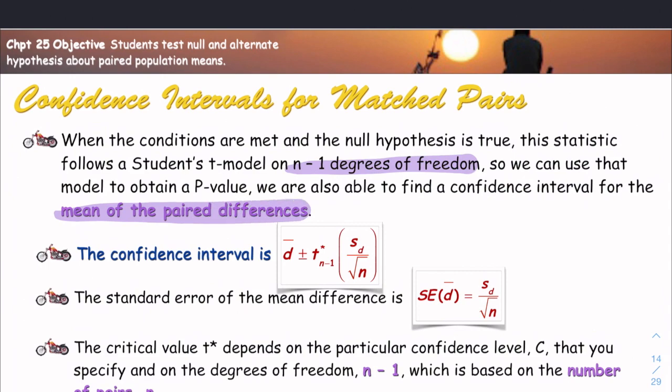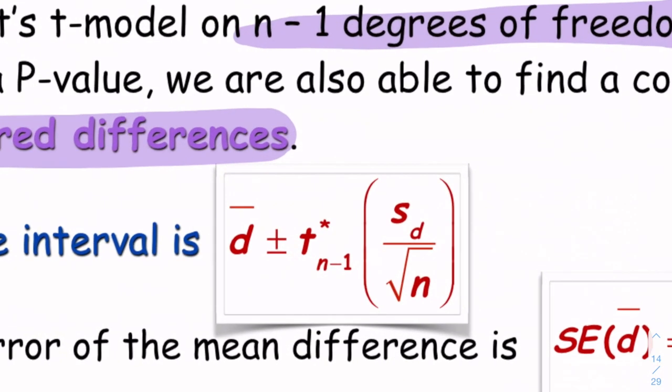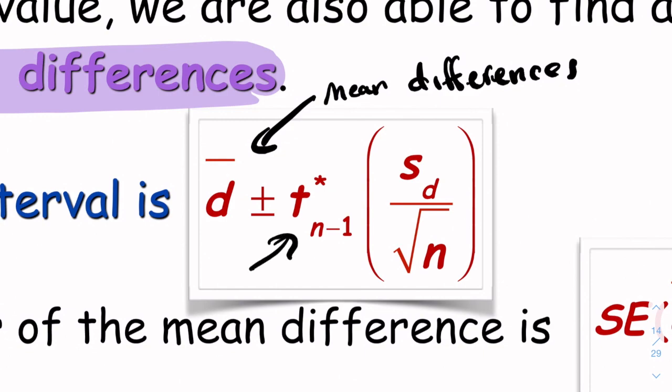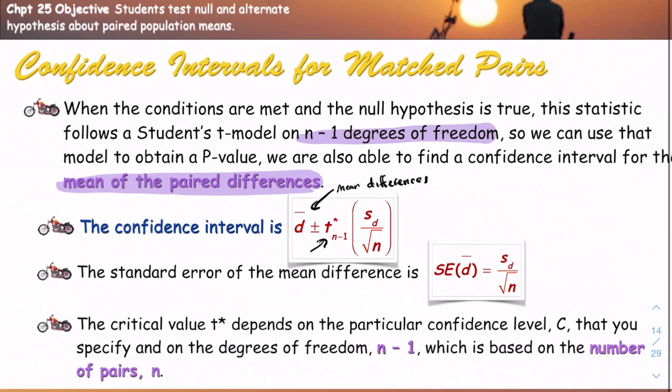So the confidence interval, much as you would expect, would have our mean difference, the average of the differences, plus or minus our critical value of n-1 degrees of freedom times our standard error.